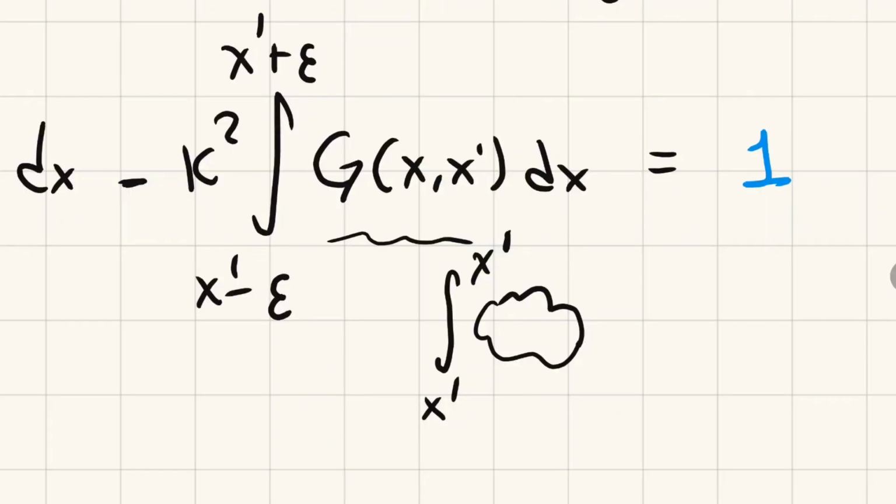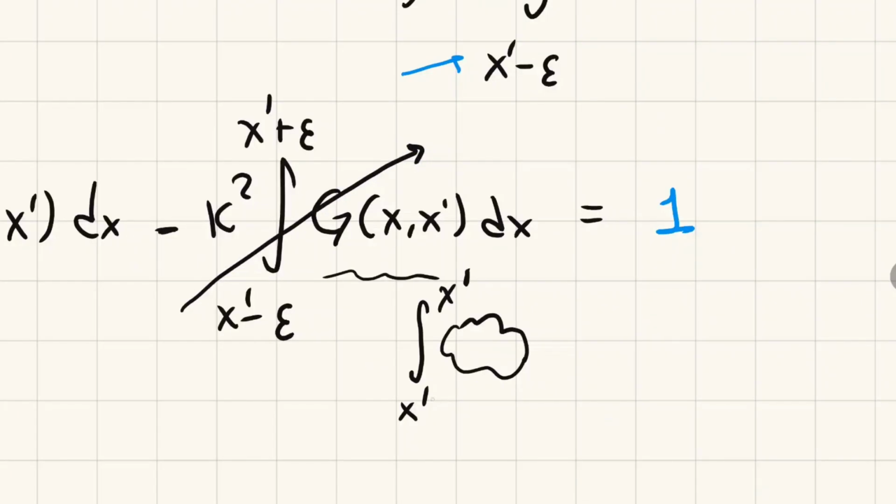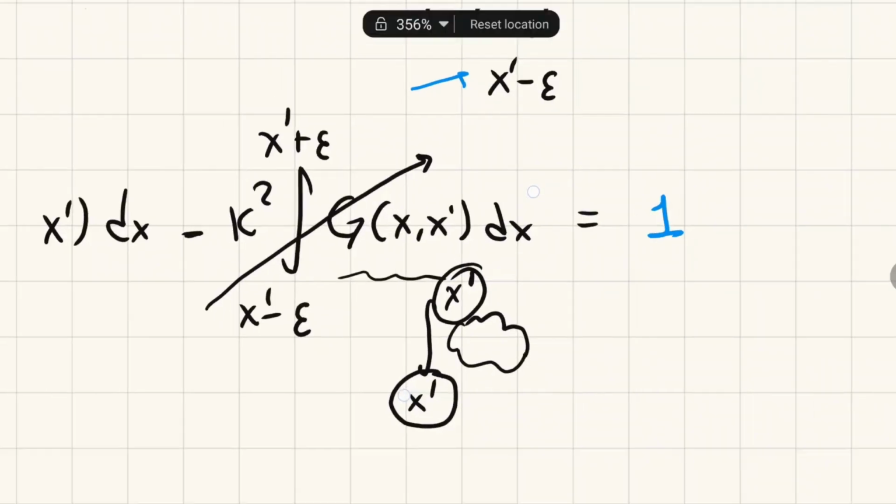So that means that this integral is going to be equal to 0, right? Again, the Green function is continuous at x prime, so as epsilon goes to 0, this is the integral with the same lower and upper limit, so we know that the integral in this case is equal to 0.